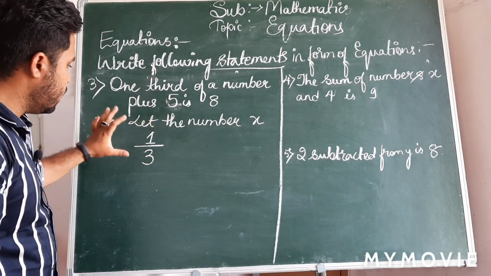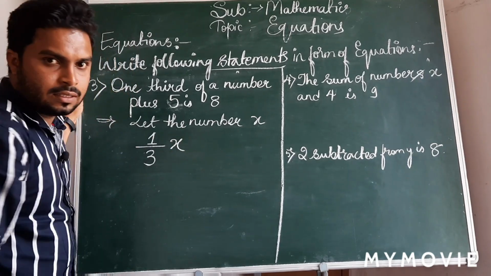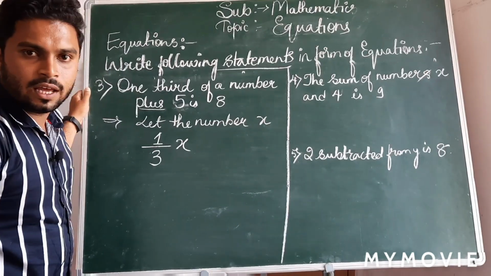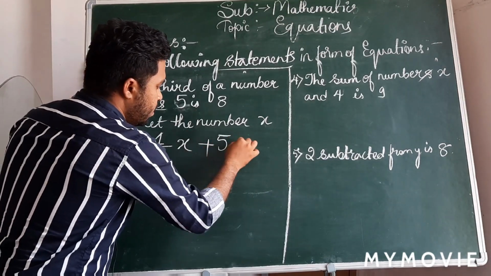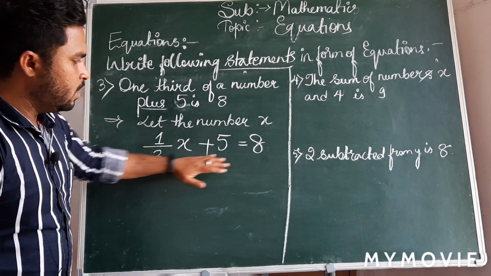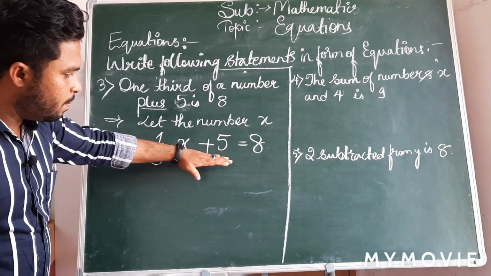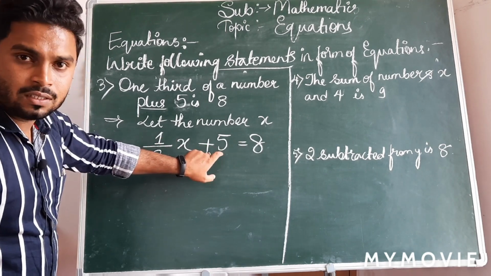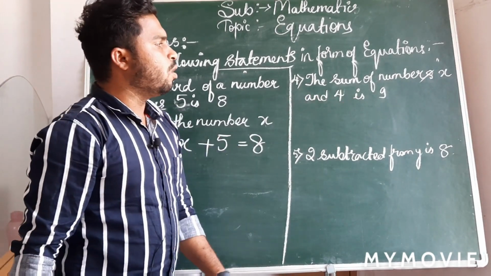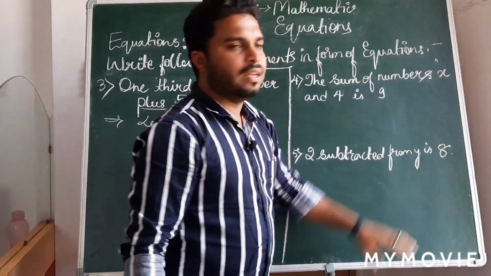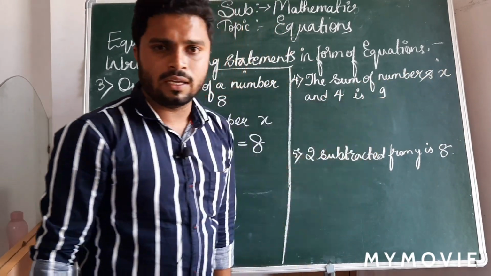So 1/3 of a number is x/3, plus, they have given directly, 5 is 8. This is your equation. Done? Yes. Now the fourth problem: the sum of a number x and 4 is 9.